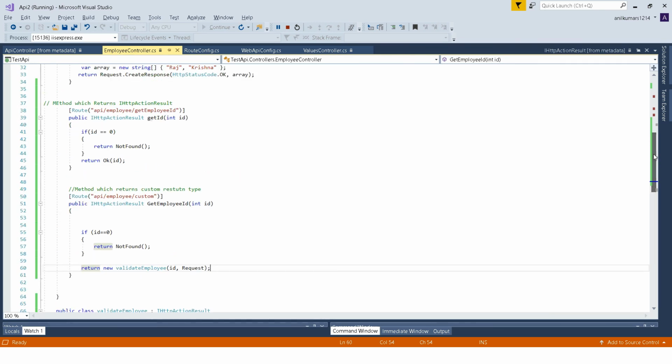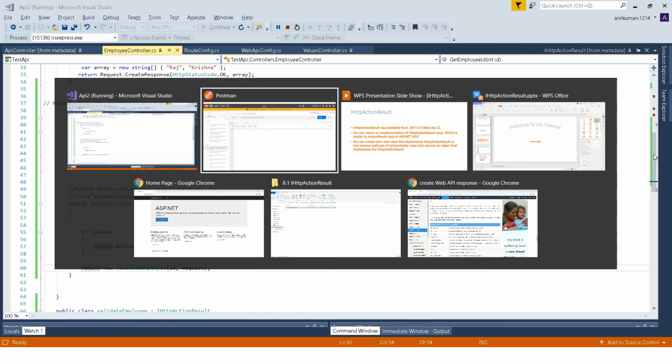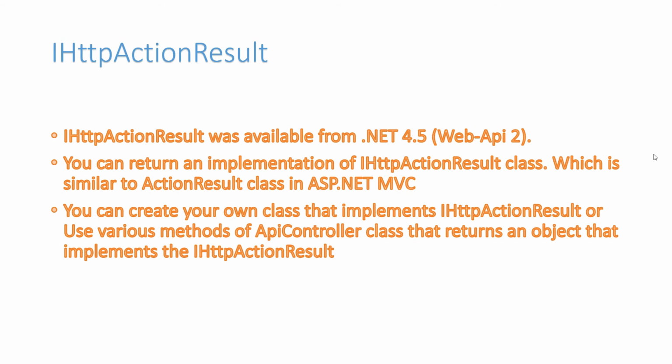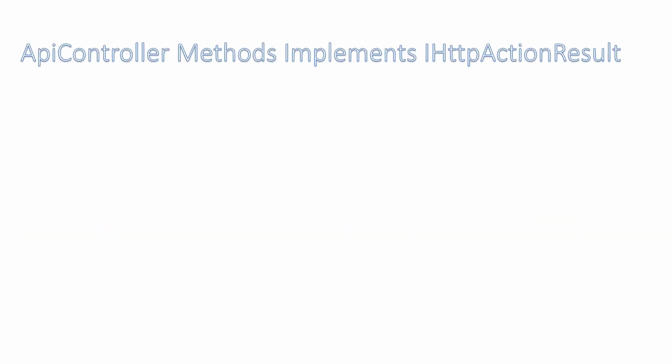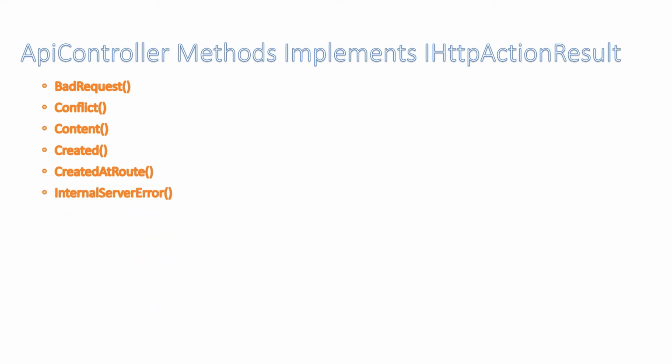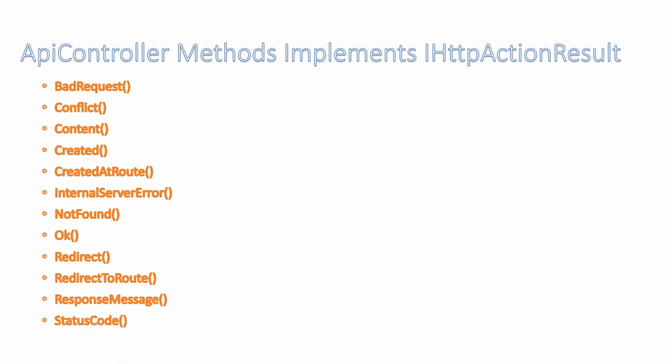So this is all about IHttpActionResult, guys. You can see that ApiController methods implement IHttpActionResult. We saw Ok and NotFound, right? Likewise, these are the methods which implement IHttpActionResult: BadRequest, Conflict, Content, Created, CreatedAtRoute, InternalServerError, RedirectToRoute.